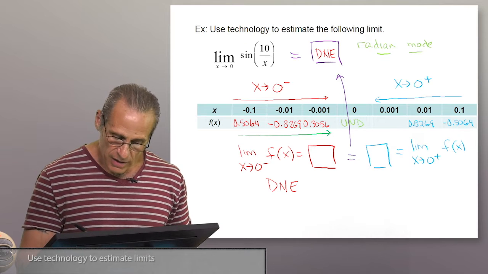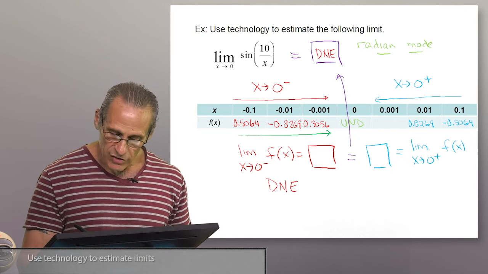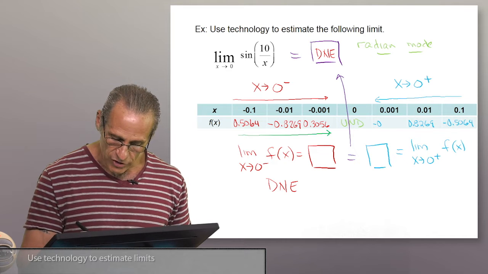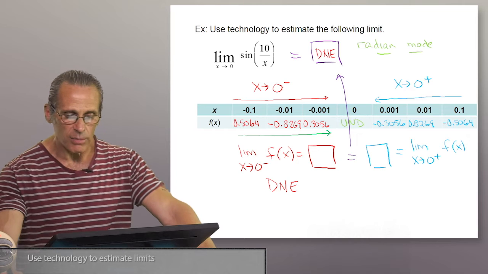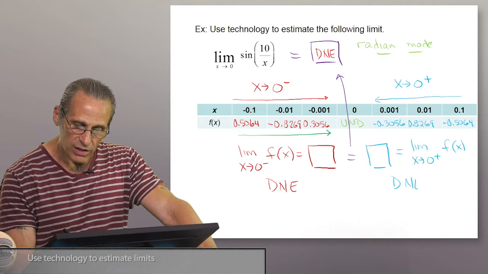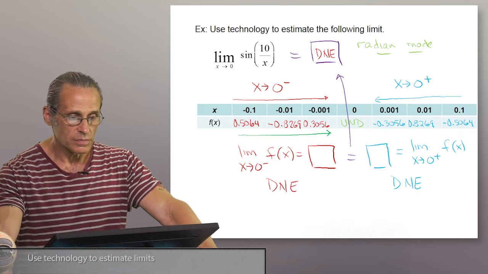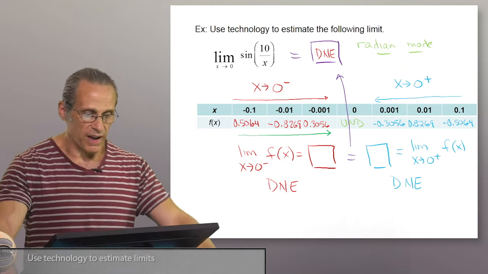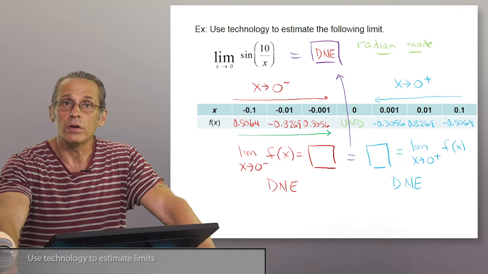And my output value at 0.001 would be negative 0.3056. But ladies and gentlemen, I come to the same conclusion, that my right-sided limit does not exist as well. So when I use technology here, I find the limit as I approach 0 does not exist.